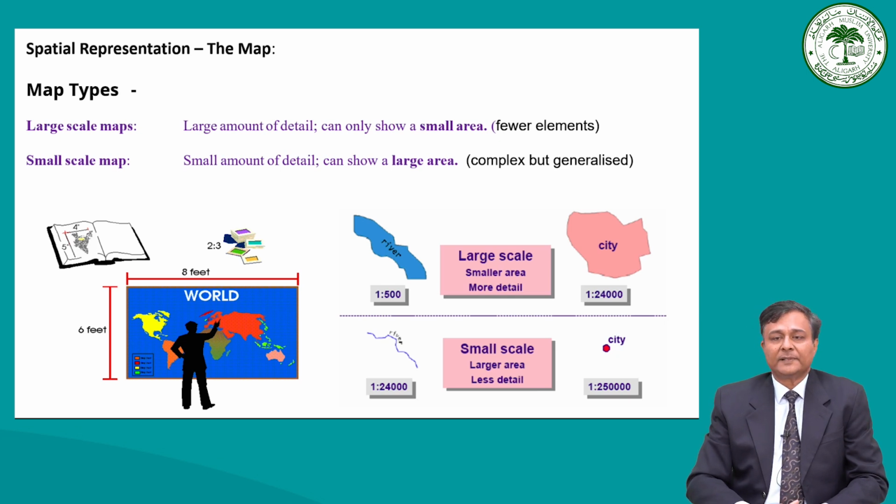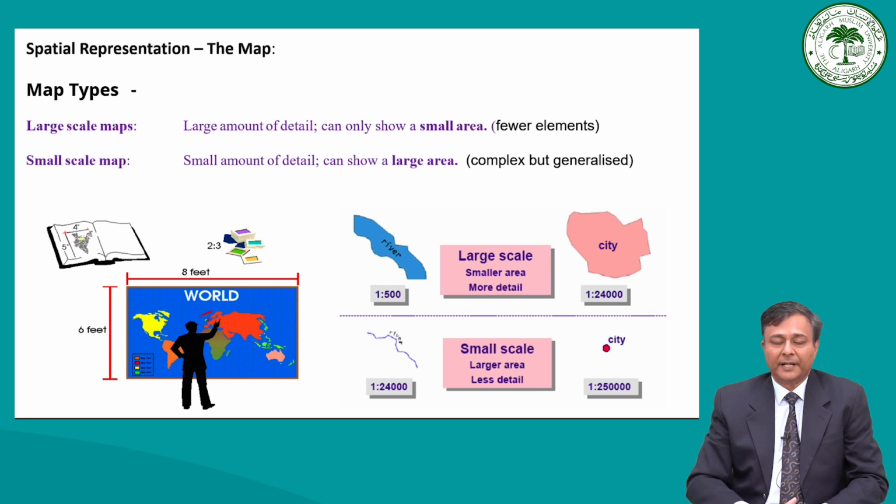Some examples: on the basis of scale, it can be large scale maps, where a large amount of detail can only show a small area. So here there would be fewer elements for us to analyze and examine. On the contrary, small scale maps have a small amount of detail and can show a large area.